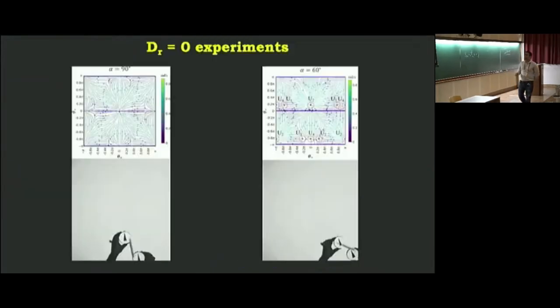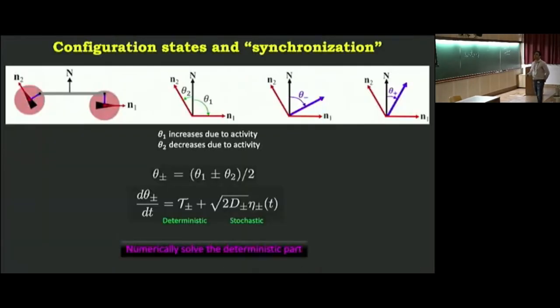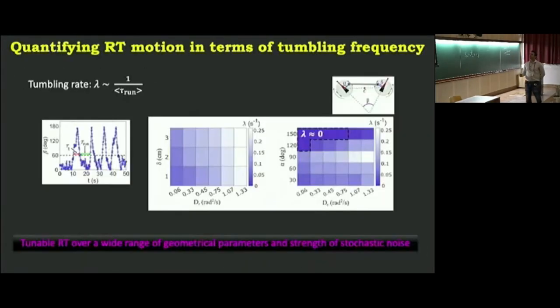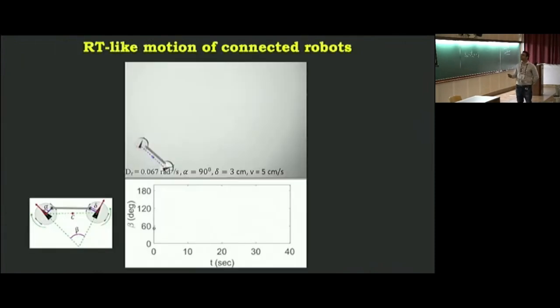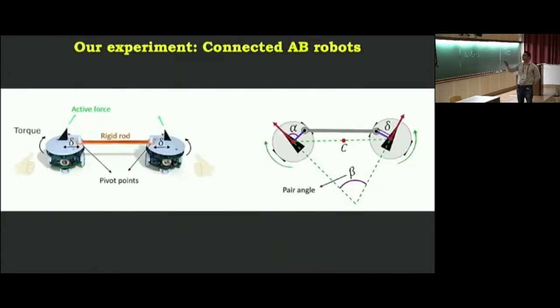Okay, so the basic picture is quite clear from here itself. By design, we have designed it in such a way that the active force will cause a torque on this robot, which is the propulsion force multiplied by this separation delta. But there is also rotational noise on this robot. When the rotational noise acts in the opposite direction to the torque, the robot will continue to move in one direction.